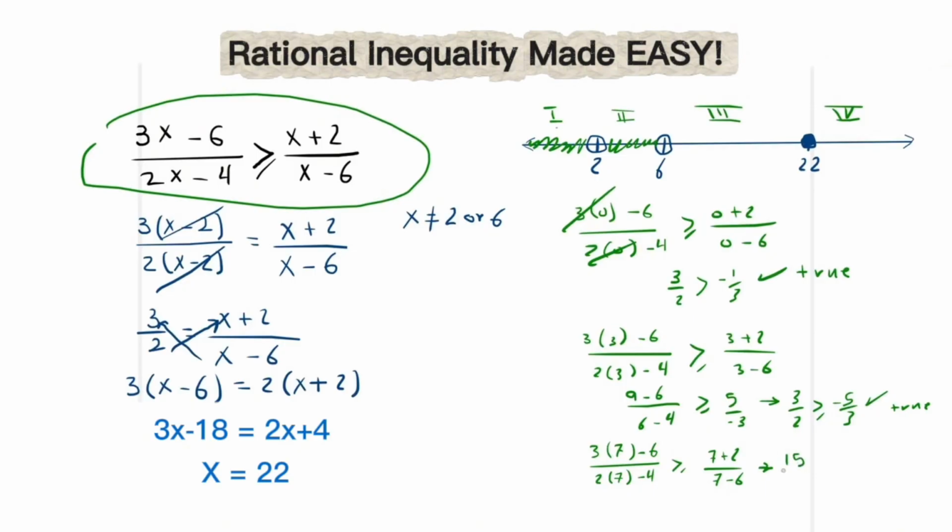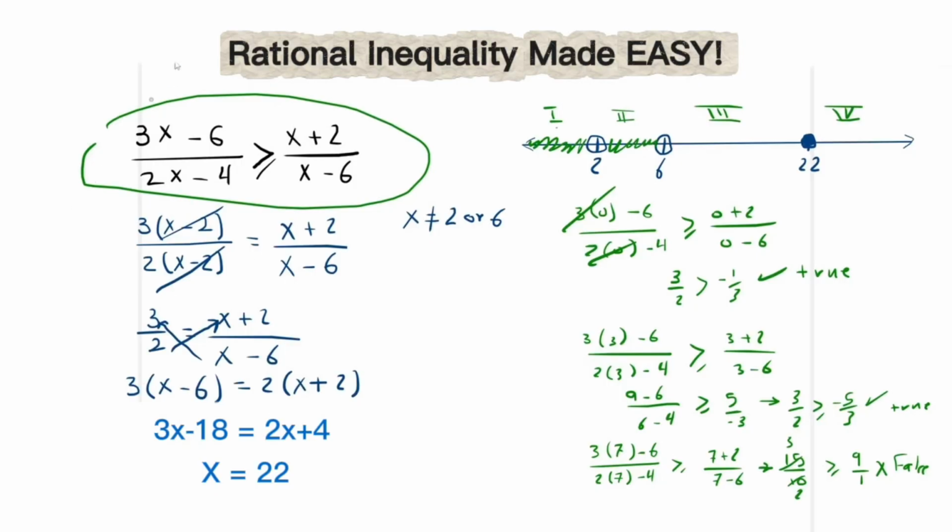And we end up with 15 over 10 is greater than or equal to 9 over 1, which is 9. And 15 over 10, that's basically 3 over 2. And of course, 3 over 2, or 1.5, is not greater than or equal to 9. So therefore, this is a false statement. And therefore, we're not going to shade between 6 and 22.